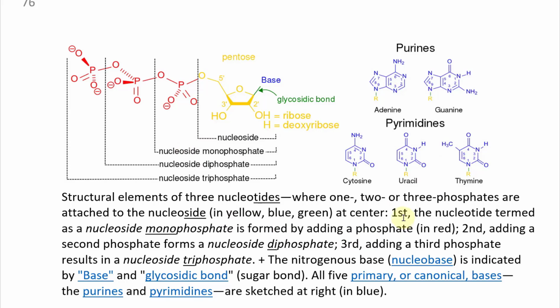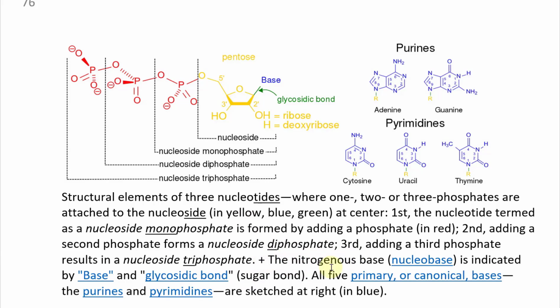Let's continue. First, the nucleotide termed a nucleoside monophosphate is formed by adding a phosphate in red. Second, adding a second phosphate group forms a nucleoside diphosphate, so the 2 phosphates. And third, adding a third phosphate results in a nucleoside triphosphate, or the tri there.